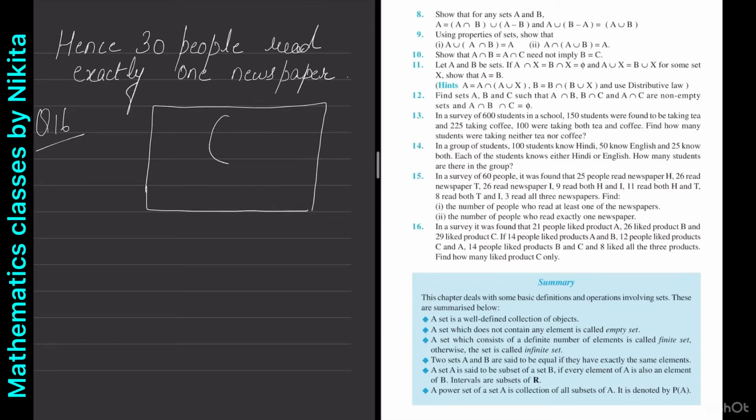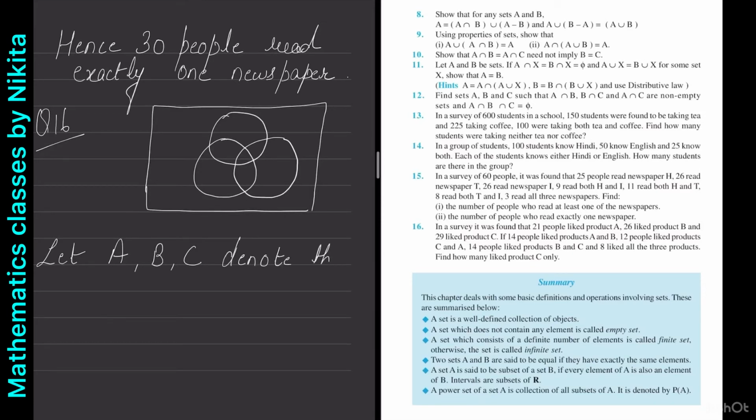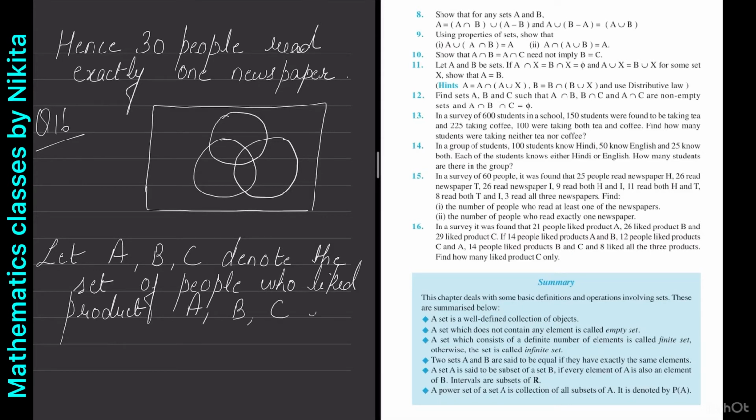So let us name the sets as A, B, C. Let capital A, capital B and capital C denote the set of people who liked product A, B, C respectively.